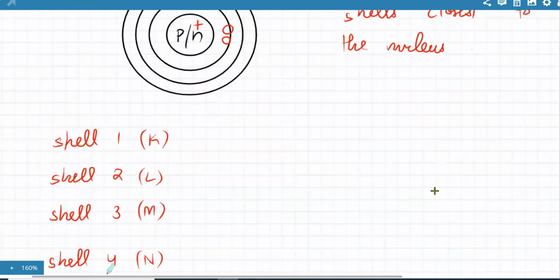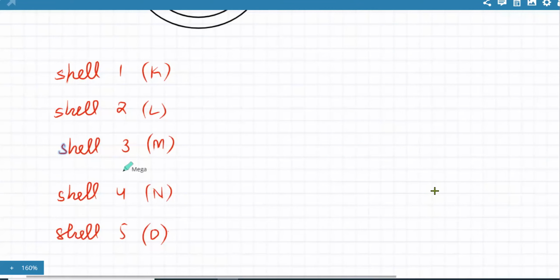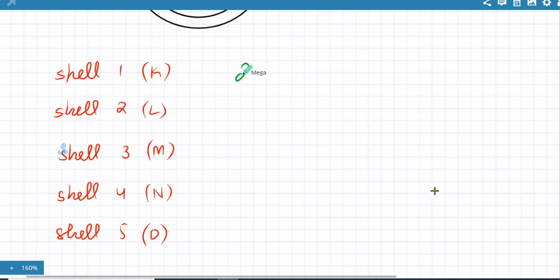So how do you know which shell has how many electrons? Either you can remember it, so let's write that down. The first shell is the smallest one, so it can have a maximum of 2 electrons. You run out of space after filling 2 electrons. The second shell has a maximum of 8 electrons.